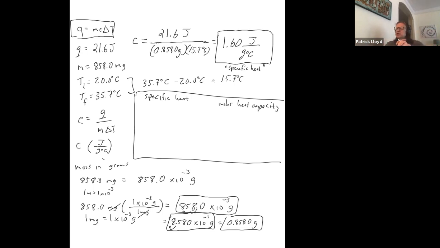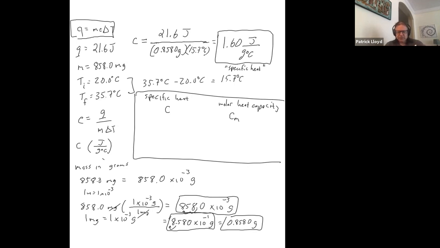There's no real shorthand name for molar heat capacity. So the symbol for this is a C. Typically, we might use C sub m here. I'm going to make that a lowercase, sorry. C sub m, okay? So that's one possibility.